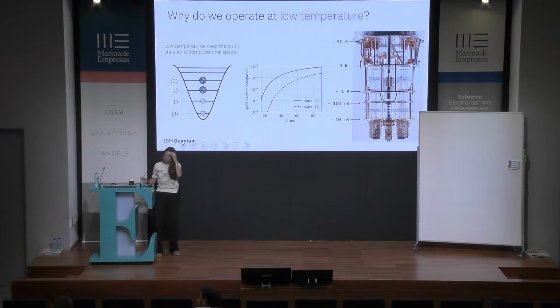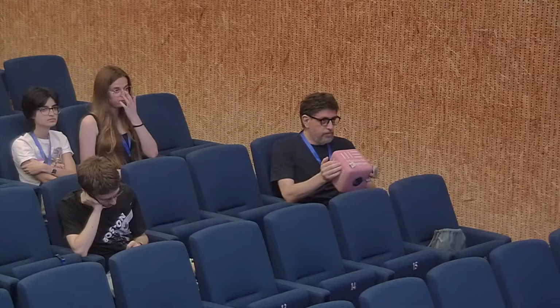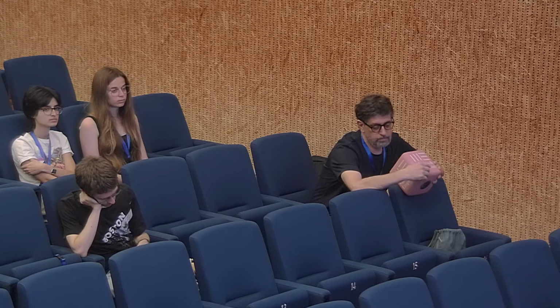Hi, thank you for the talk. So far you described leakage as something bad, something to avoid, right? But since you can create leakage by operating your qubit, I can imagine you can engineer leakage to build an artificial environment with a special spectral density and then play with open quantum systems.